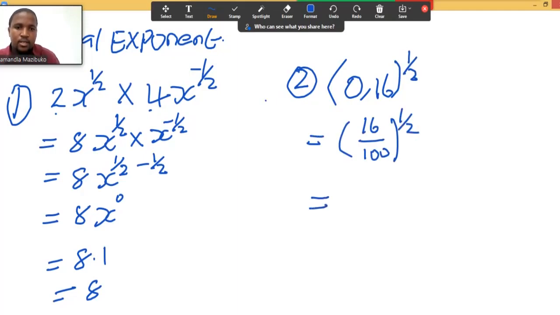This is the same as, we can change our 16 to 4 to the power 2 all over 10 to the power 2, all to the power half.